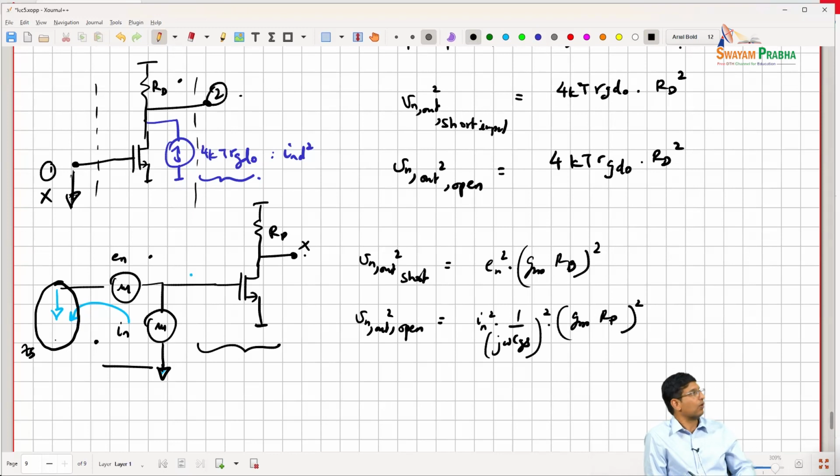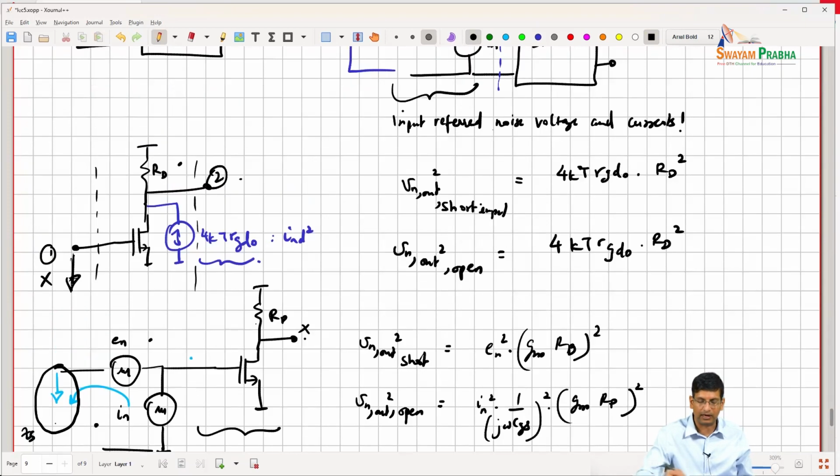So now since both networks are equivalent, I can equate the noise in the short case together to find out En. I can equate the noise in the open case to find out In squared. So then I can find out what En and In are.